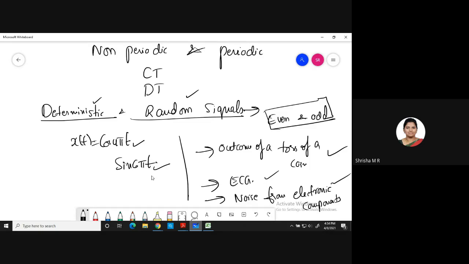A deterministic signal is a function of time, and its behavior is predictable at any instant. Given the value of time, you can obtain the value of the signal. But a random signal cannot be represented as a function of time. Clear?